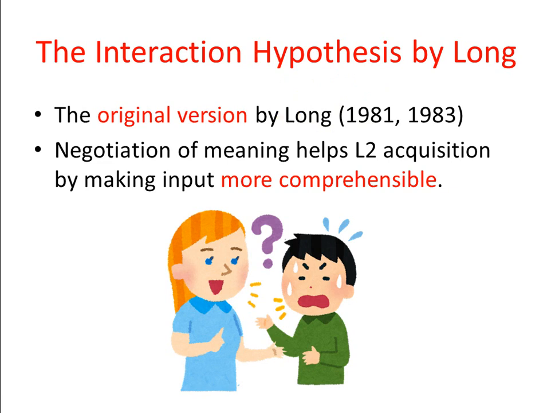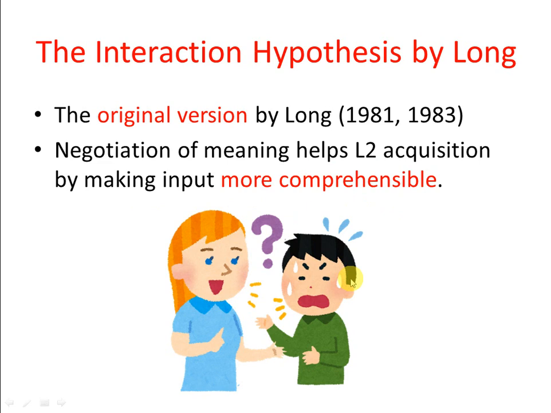So according to the original version of the interaction hypothesis, negotiation of meaning helps second language acquisition by making input more comprehensible. So what is important in this hypothesis is comprehensible input.